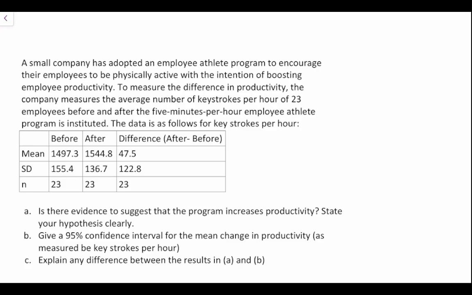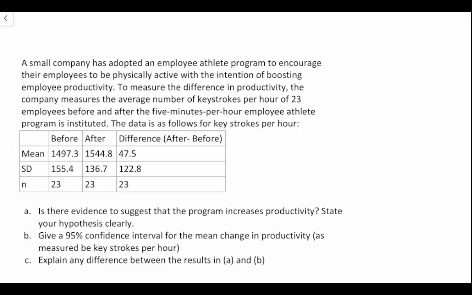A nice clue here is that they measured the average number of keystrokes of 23 employees before and after. When you have terminology that says before and after, you can start thinking that you might be looking at a paired t-test.